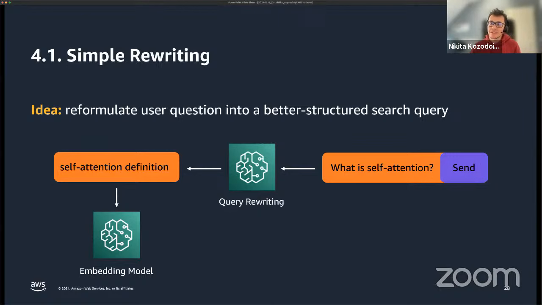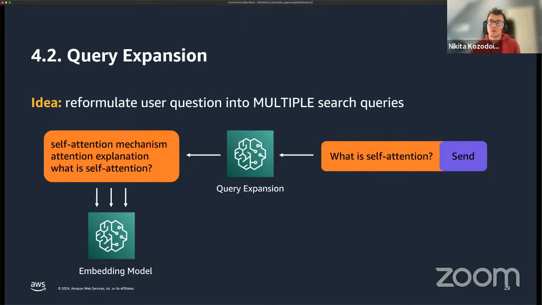And rewriting is one of the ways you can go about it. A bit more sophisticated way is also called query expansion, where instead of just rewriting this question once, you can actually come up with multiple potential search queries that you can execute. So let's say we can ask our LLM to formulate 3 different search queries based on the question of the user.